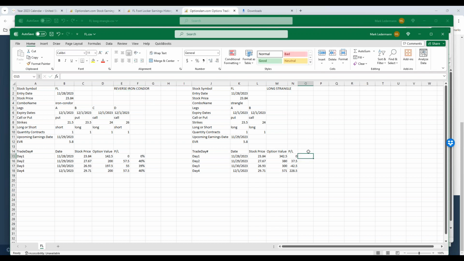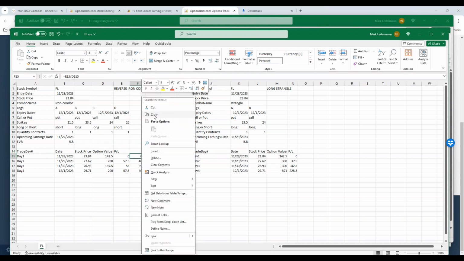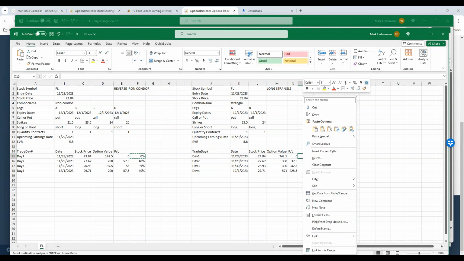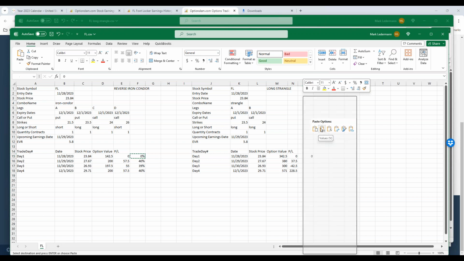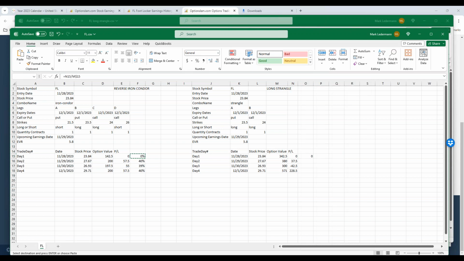And let's use this same formula here. I think we can copy this formula and paste it right over here. Paste formulas right there. And then we can copy that down. And we can change those to percentage against risk. So here is the comparison.